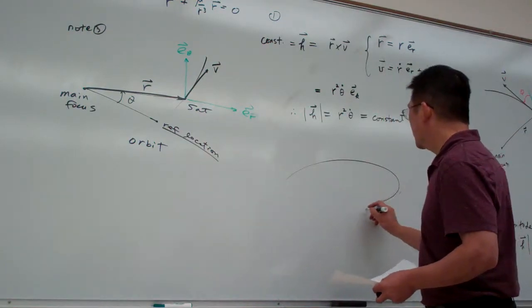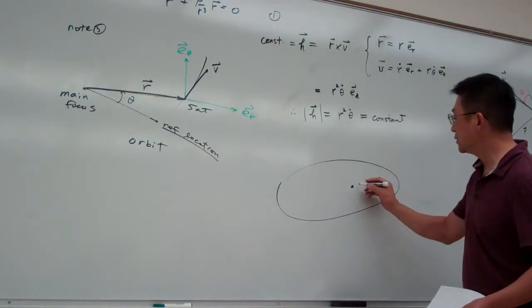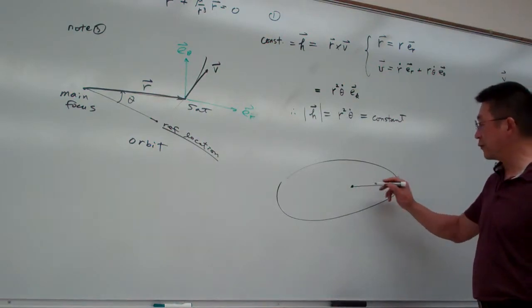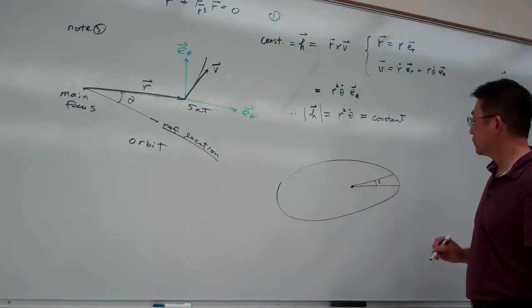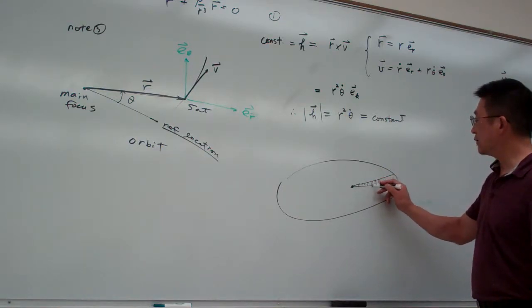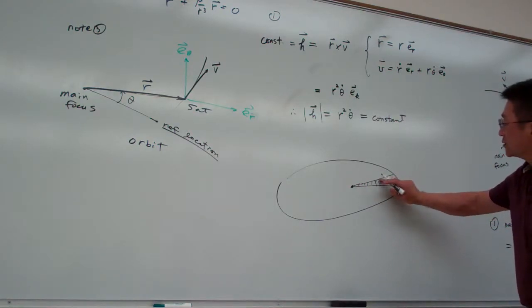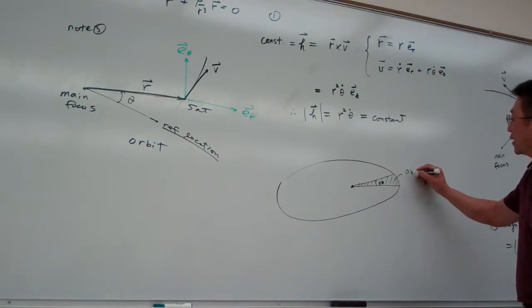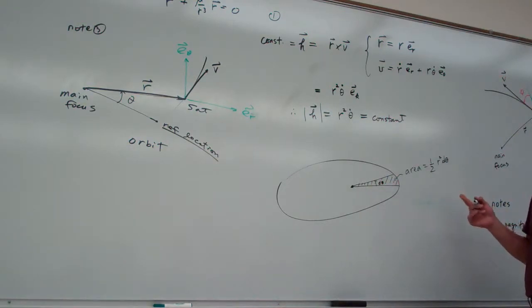Let me draw this one in a bigger way. Okay, so this is our main focus. So say this is our reference location from where we measure the theta. Okay, so this area, basically locally, if we have a small theta, say d theta, then this area is 1/2 times r squared d theta, what we know earlier.